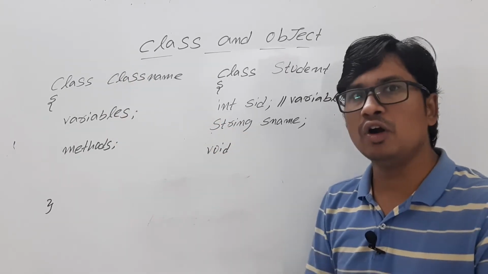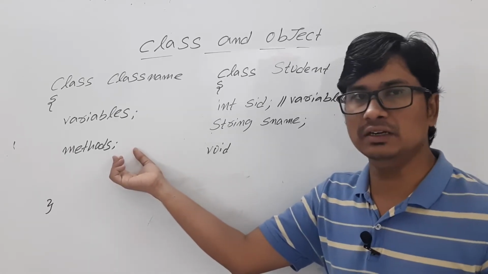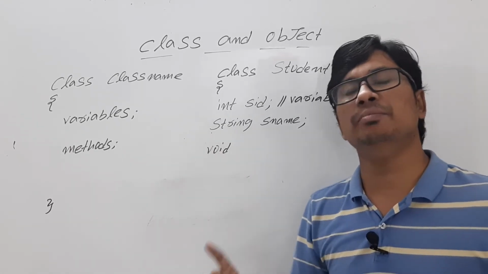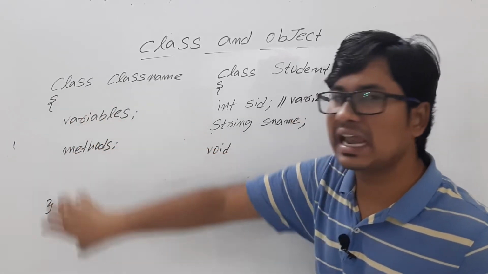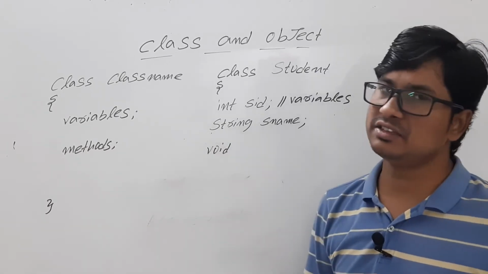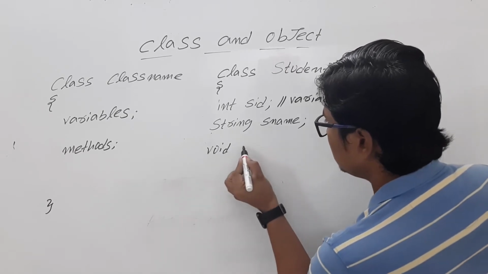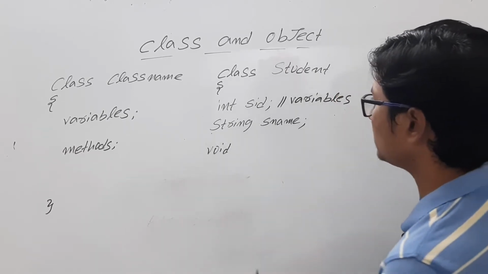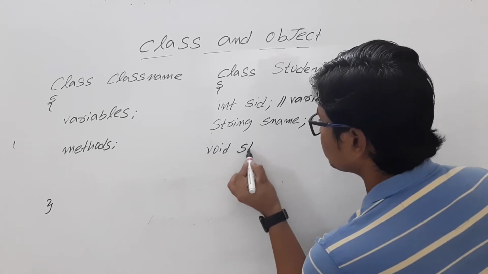That's why we will not use the word function, we will use only the word method. The difference between a function and a method is that if you keep the function inside the class, it is called a method; if you keep it outside, it is a function. Is it clear? So void, and I want the method name to be studying.